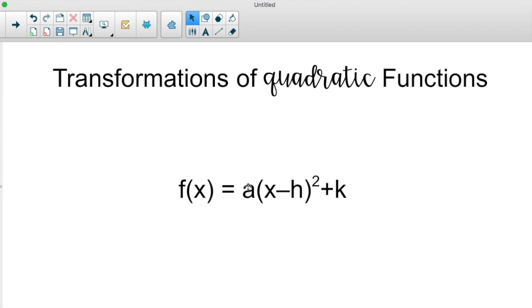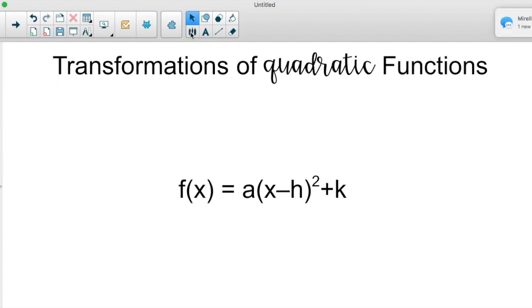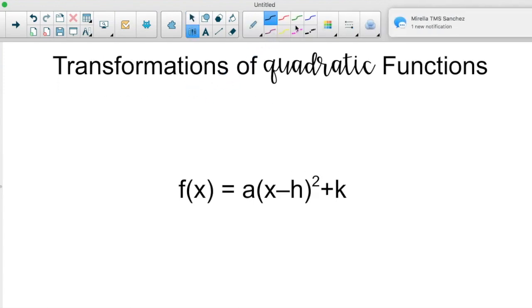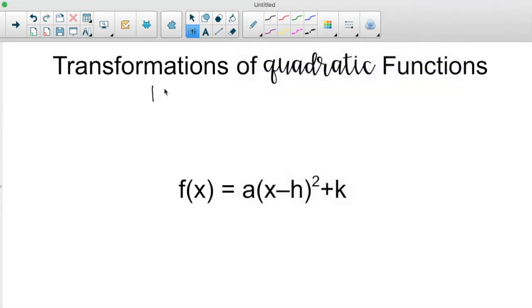So if a right here is greater than 1, and when I say a, I mean actually the absolute value of a. So when you have the absolute value of a, if it is greater than 1, then your graph gets narrow.